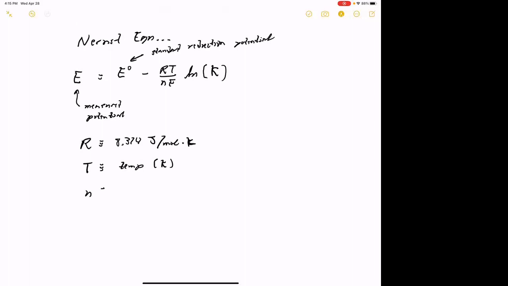Little n there is actually the number of electrons that get transferred in the reaction, stoichiometrically.